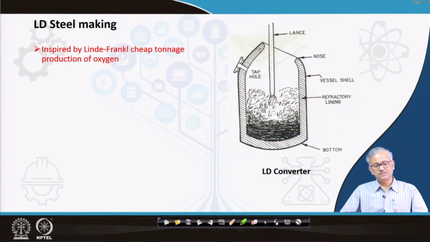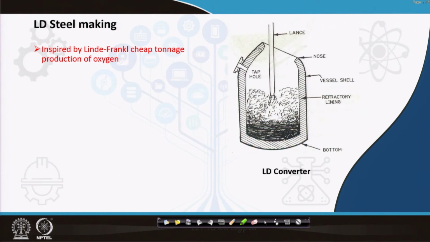The oxygen in air reacts with the impurities, forming energy, heat, and that heat self-sustained the process. At that time Bessemer did not have access to cheap tonnage oxygen, that is why he had to depend on air. But air had a major problem: it introduces a lot of nitrogen into the liquid steel, that is why the steel was not very clean, and it was a problem especially in cold working.